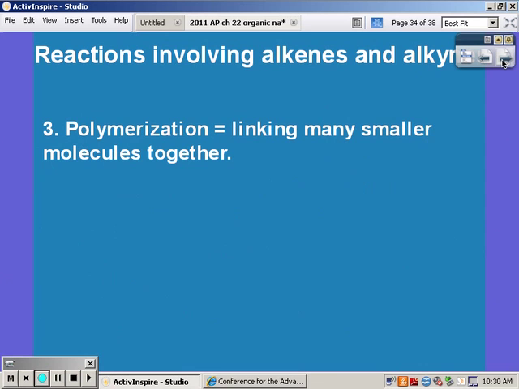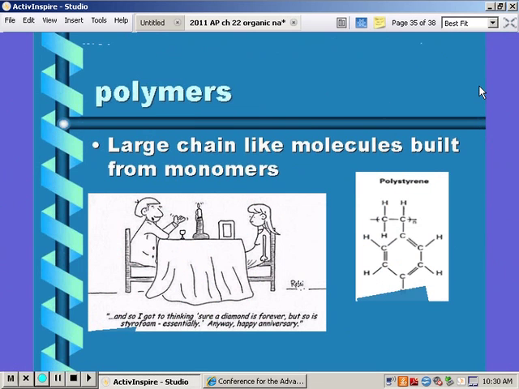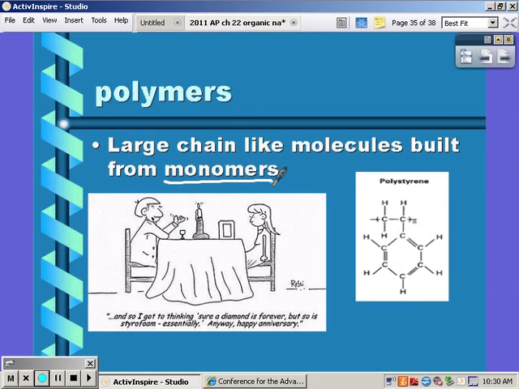And polymerization is the linking of many smaller molecules together. Those smaller molecules are referred to as monomers. So a polymer is a long chain-like molecule that's built from monomers.